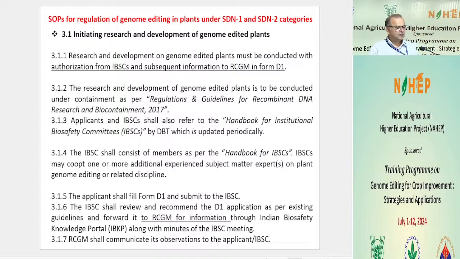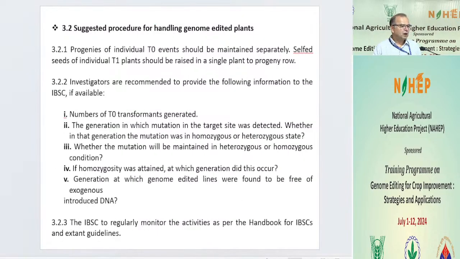Now there is a section 3.2 that gives the suggested procedure for handling genome edited plants. Again, there is a clear-cut instruction. The advantage of this SOP is that it is not left to the experimenter. Sometimes experimenters are baffled about how to really prove a particular thing which is acceptable to the authority.